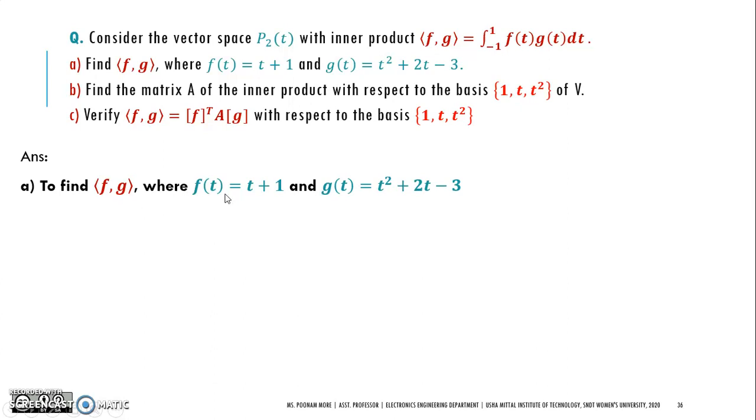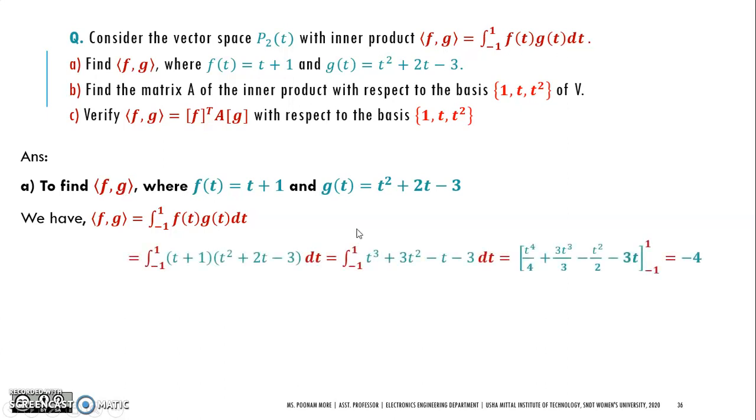As we have f of t and g of t given, we will substitute the values of f of t and g of t in this definition of the inner product which is given in the problem statement.